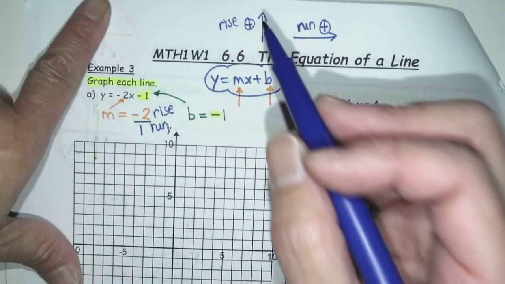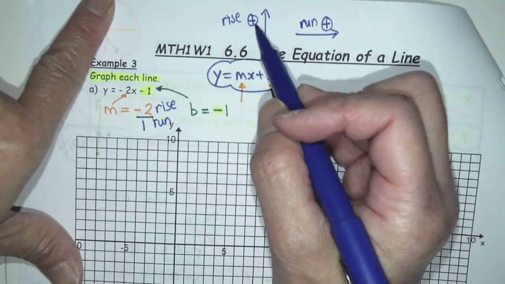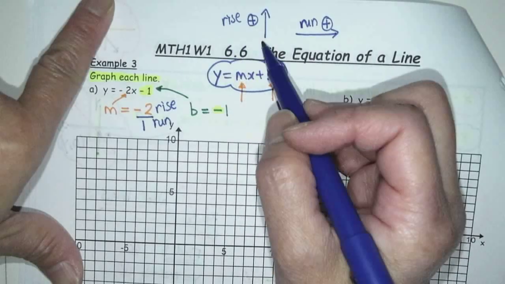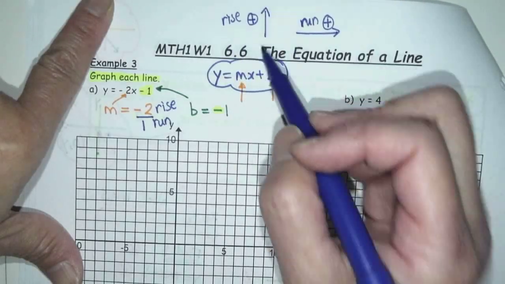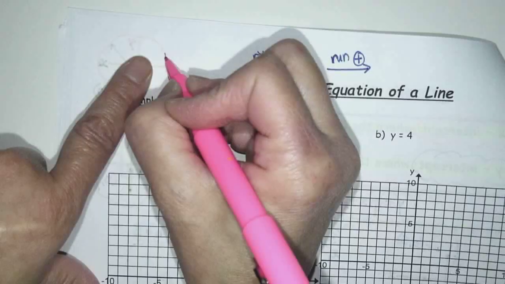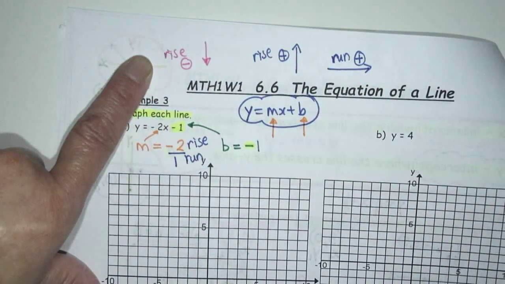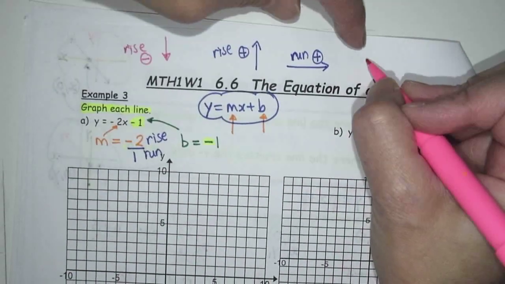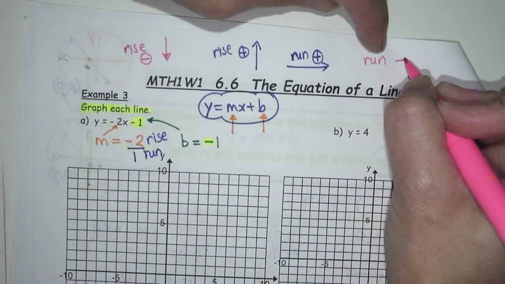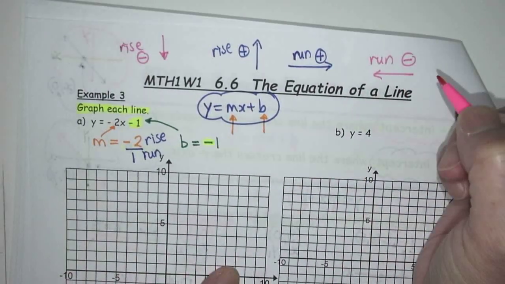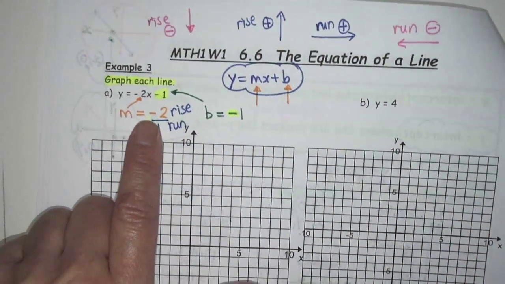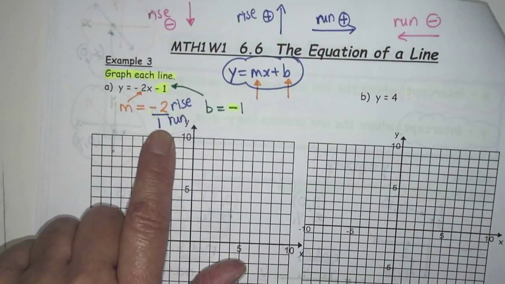For notation, if it's positive rise, it's up. If it's negative rise, it's down. And if my run is negative, it would head left. So here I have a negative rise and a positive run.